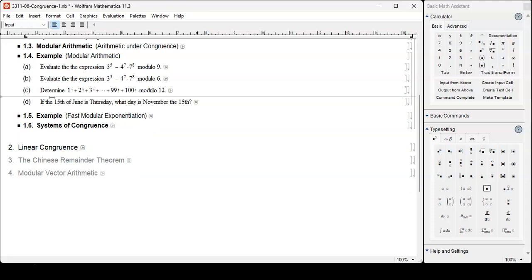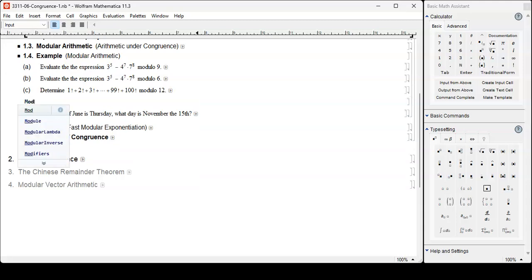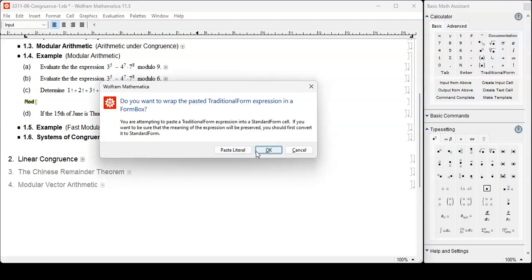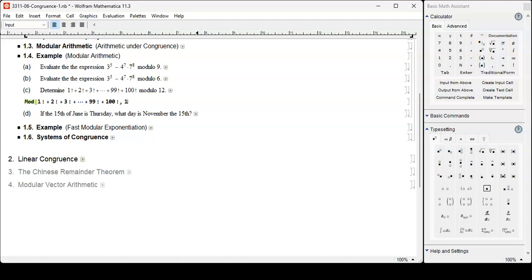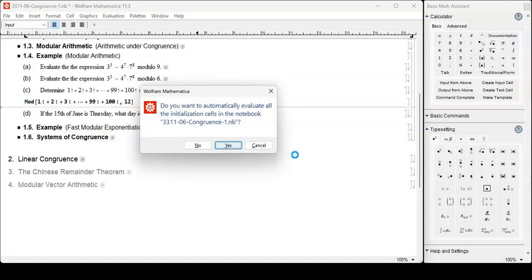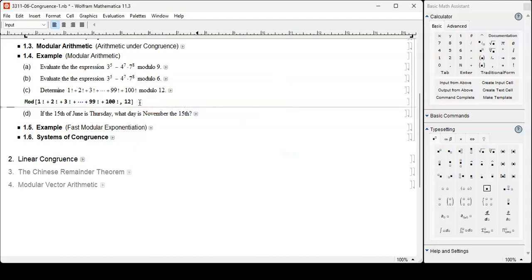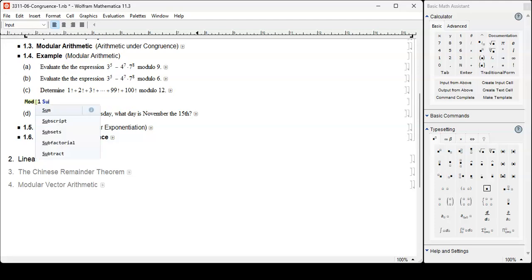By the way, I'm curious, will Mathematica handle this? Oh no, excuse me, it wouldn't handle dot dot dot, so I have to use sum and then k factorial, k running from 1 to 100.